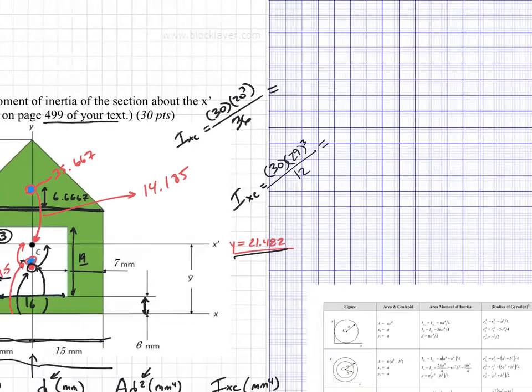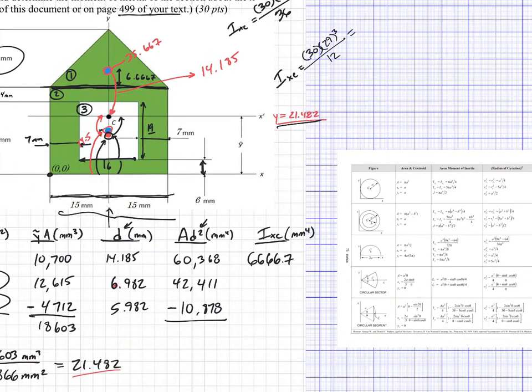So 30 times 29 cubed divided by 12 equals 60,972.5, so we're just going to call it 60,973.